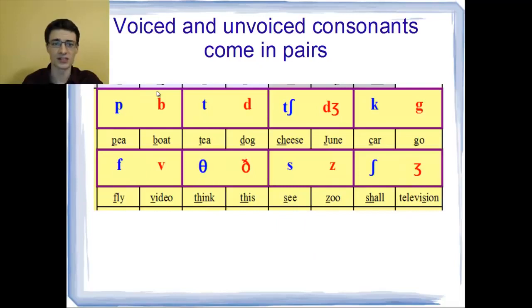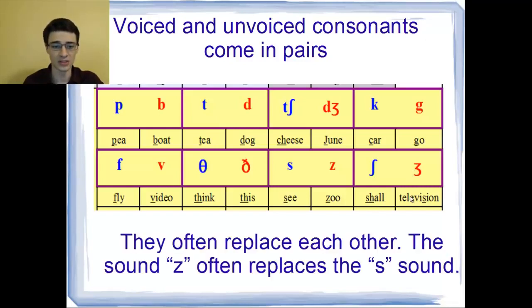Voiced and unvoiced consonants come in pairs. P as in pea, B as in boat, T as in tea, D as in dog, Ch as in cheese, J as in June, K as in car, G as in go, F as in fly, V as in video, Th as in think, Th as in this, S as in see, Z as in zoo, Sh as in shall, J as in television.